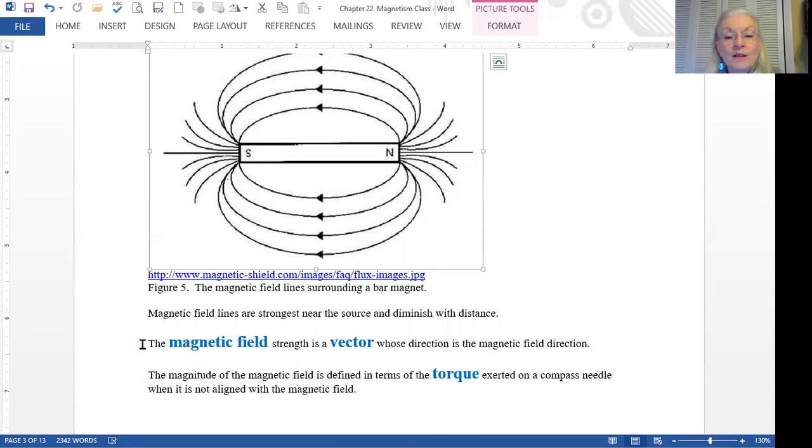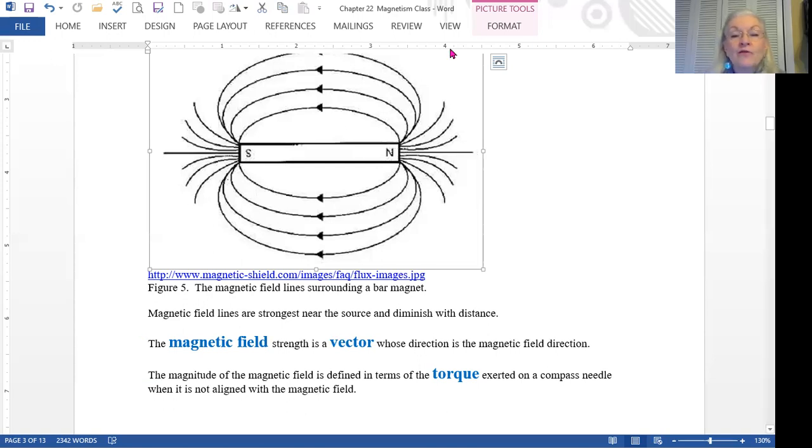And it would be defined in terms of the torque. Now remember, torque is the rotational equivalent of force. So it's the torque exerted on a compass needle when it's not aligned with the magnetic field.